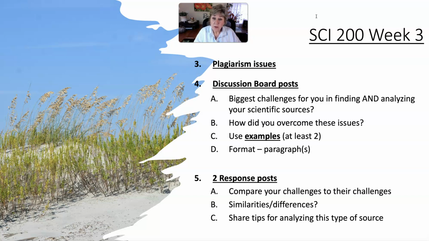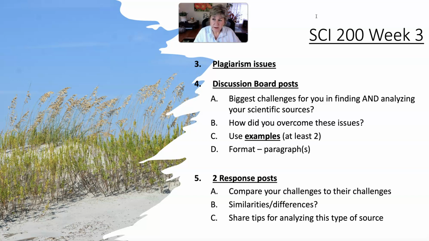So what was your biggest challenge in finding your sources, and what have been your biggest challenges in analyzing your scientific sources? For one thing, you have to read all that scientific jargon. It is a whole different language, and really in science, each subdiscipline has its own language. Genetics, oh my goodness, that is like learning a foreign language to understand genetics.